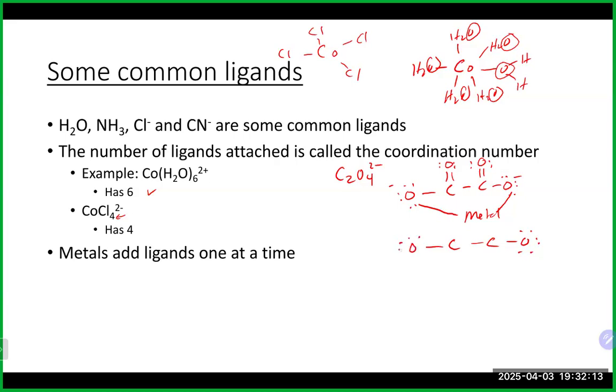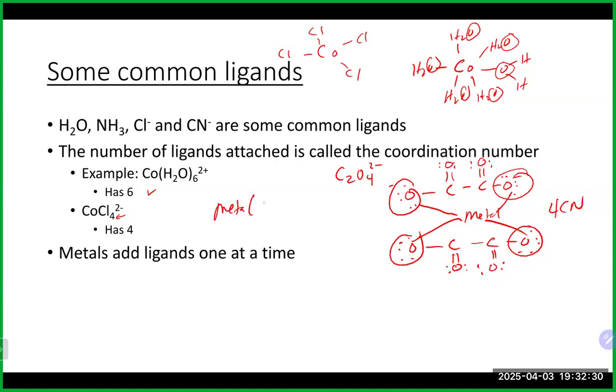Which means if you had 2 oxalate ions here, this guy could also attach in. The coordination number here would be 1, 2, 3, and 4. Although you may see a formula that looks something like this, C2O4 2-, it would not equal that number on the bottom.